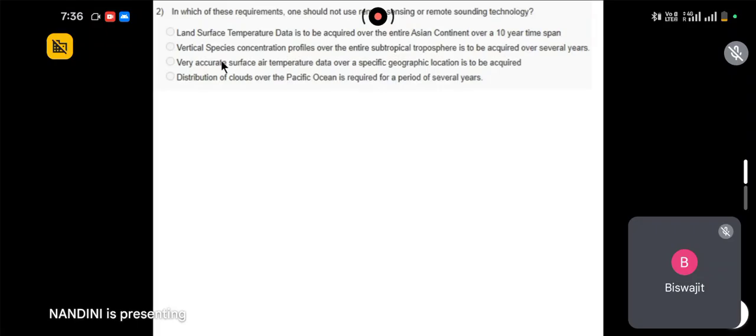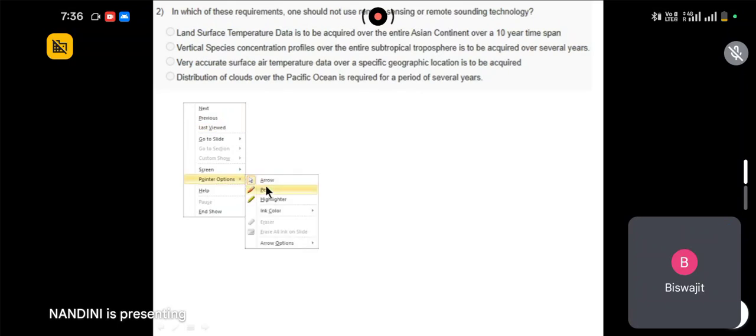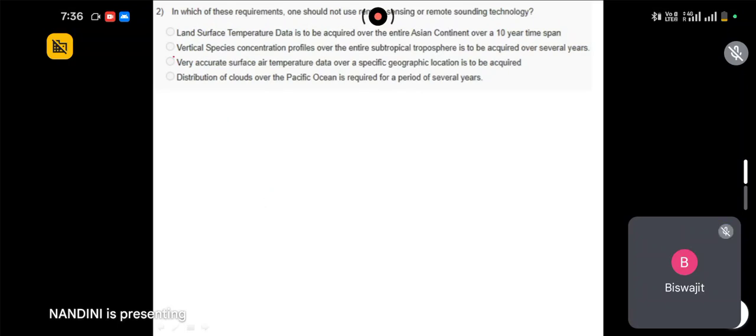The fourth one, distribution of clouds over the Pacific Ocean was required for a period of several years. So which one will be the answer? Which one should we not use remote sensing for? Yeah, because we need very accurate surface temperature, and that also just over a specific geographic location. So it is easier to use an in situ measurement device.